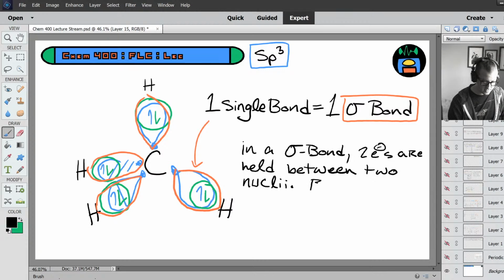Because of this, because you have the two negative electrons sandwiched in between two nuclei, which are just balls of positive charge, right?